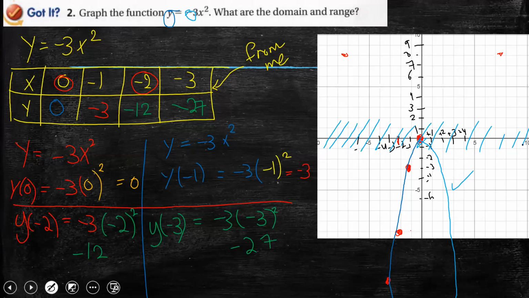The domain means the values of x. I can choose any point. As you see, it's open. What does it mean? That means the domain here is all real numbers.